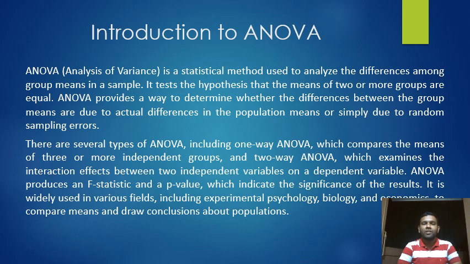These both we are going to study in detail in the coming slides, which indicate the significance of the results. It is widely used in various fields including experimental psychology, biology, and economics to compare means and draw conclusions about populations. This is a brief introduction to ANOVA. Now let us look at the next slide.